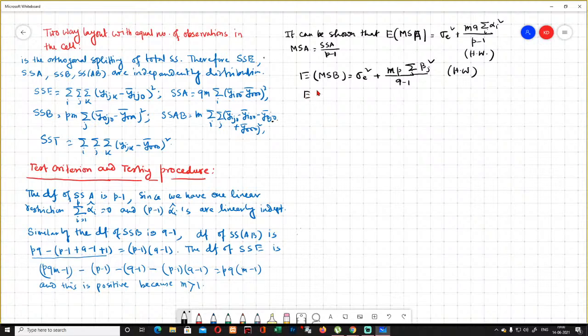And expectation of MSAB is equal to sigma square plus m sum over i j gamma ij square by its degrees of freedom P minus 1 into Q minus 1. This is another homework. And expectation of MSE is equal to sigma E square. So please do this yourself and submit.